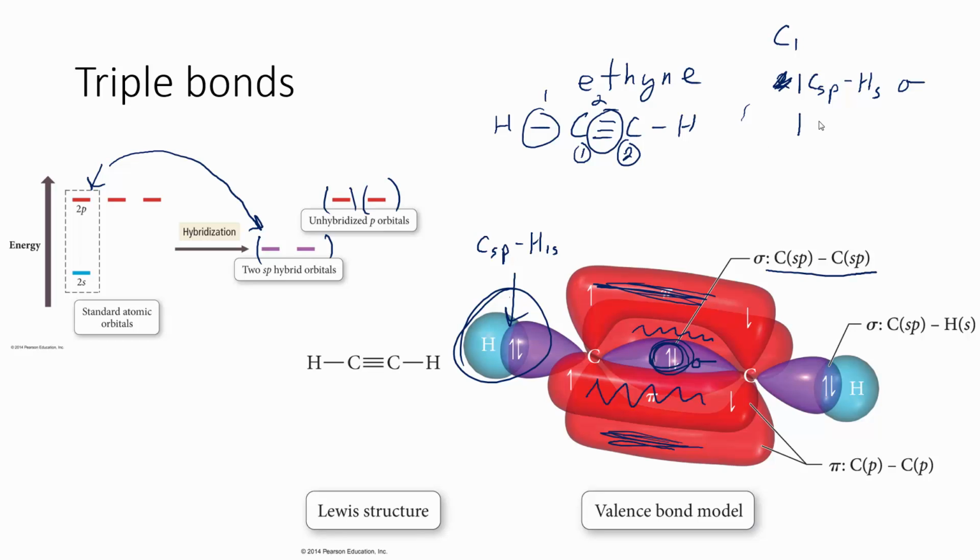We have one carbon sp to the other carbon sp sigma overlap. It's right here. And then we have two carbon unhybridized p to other carbon unhybridized p pi attachments. And that's on each carbon. Carbon 1, carbon 2, same thing.